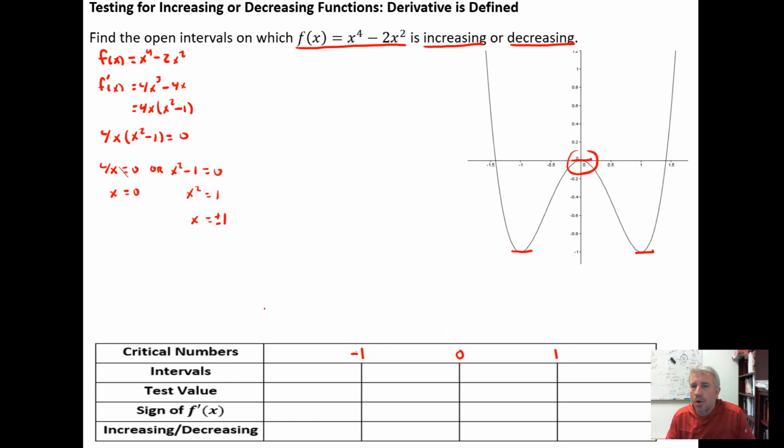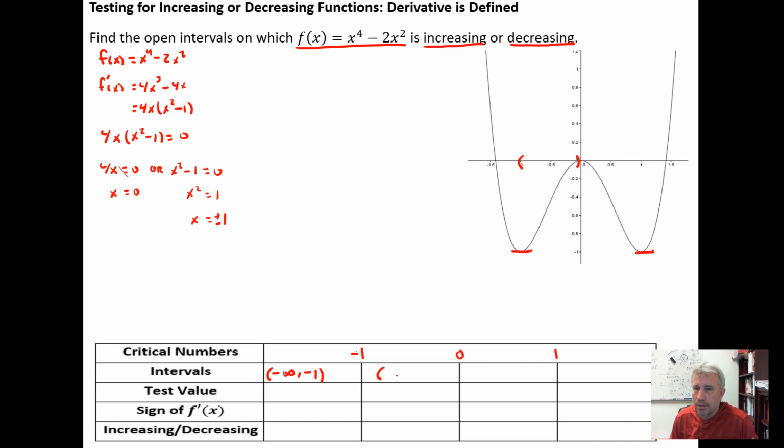And then once you find the critical numbers, you establish open intervals using the critical numbers. So we want to recognize that as we're moving from left to right on the x-axis, we're coming from -infinity up to -1, the first critical number. And then we move between -1 and 0, the next two critical numbers.